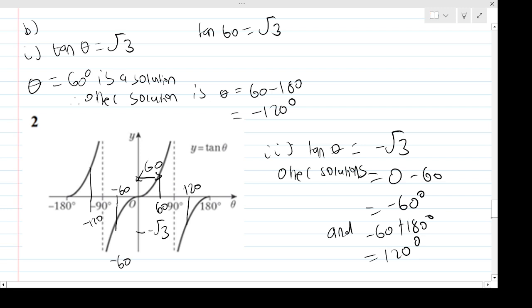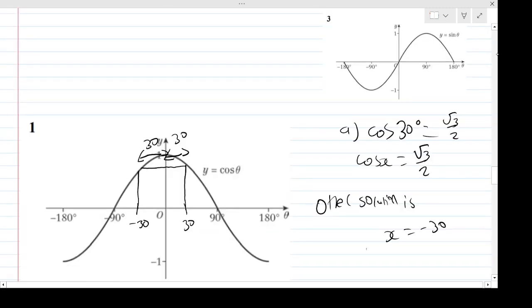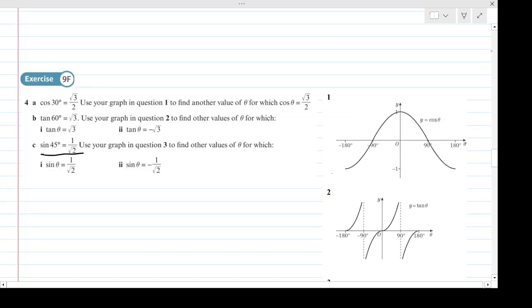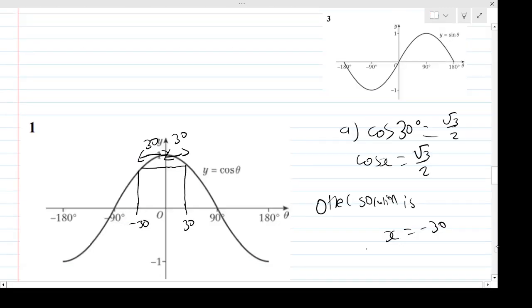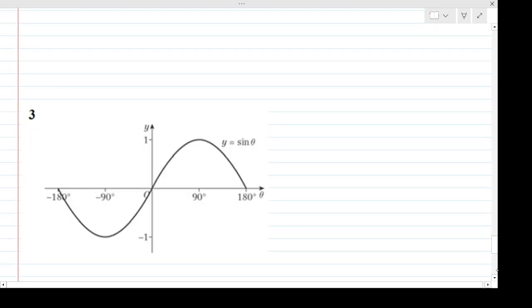Okay. So the last point, part C. We are told sine of 45 is 1 over root 2. Use the graph provided to find the other values of theta for when sine theta is indeed 1 over root 2 and minus 1 over root 2. So again, I've got the graph down here.